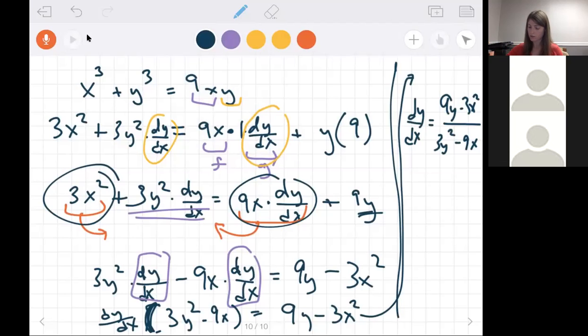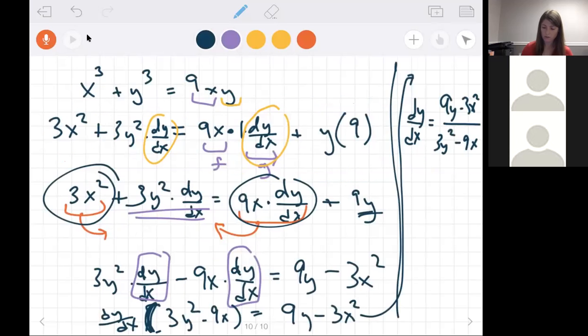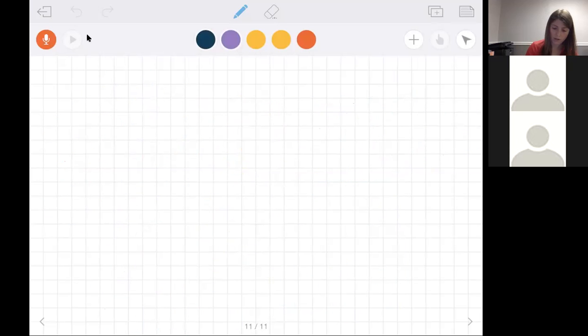We're just going to take a look back at our problem. So our problem is to find the equation of the tangent line at a specific point. So now is our time to plug in the x and y that they gave us into our expression for dy/dx. So I'm going to go ahead and write our dy/dx again.